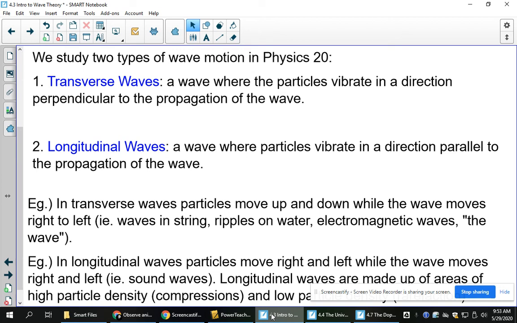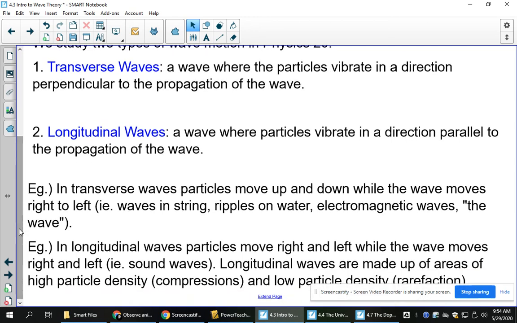If you were doing the slinky activity in class, that would be transverse. Ripples on water, electromagnetic waves, and literally the wave if we ever get to go back to live sporting events again. Longitudinal waves are moving left and right, and then the wave moves left and right, and the particles move left and right. So this is sound waves.